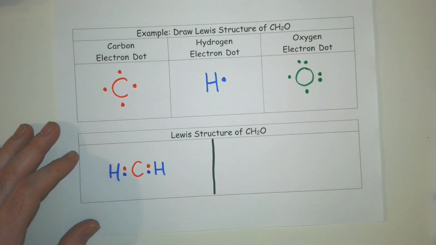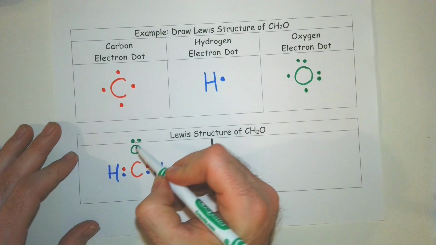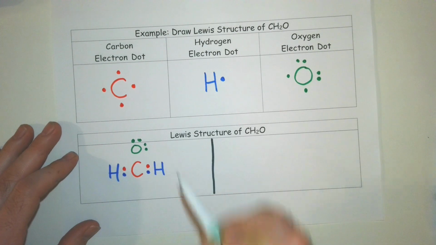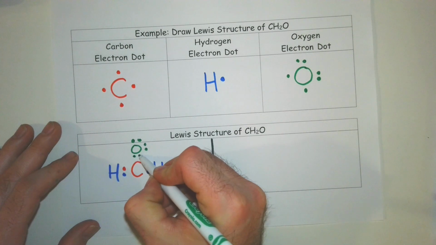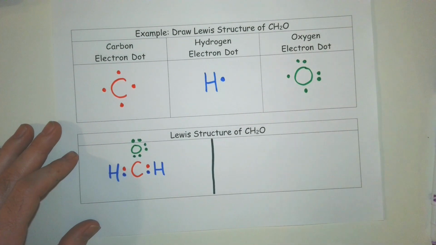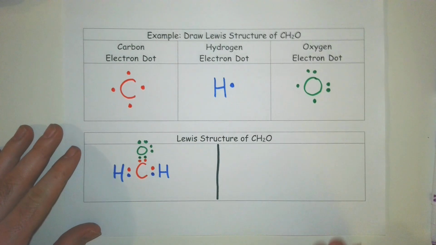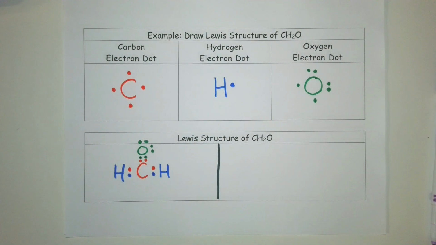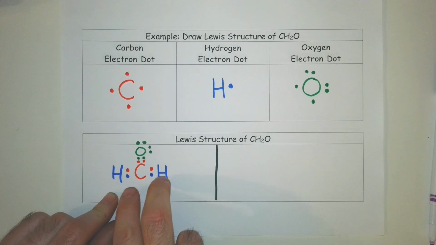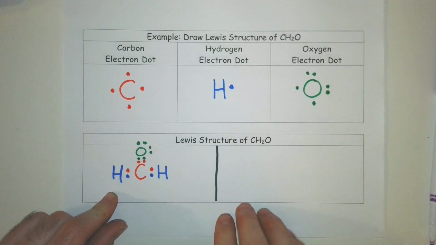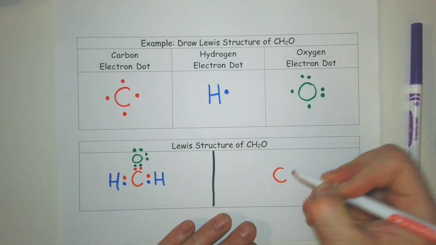Well, for oxygen, oxygen is going to have 2 unpaired electrons that need to bond. It's going to bond with our carbon. These double bonds get a little messy when you do the electron dot notation, but it's going to look something like that. So now we can take this information and apply it to a Lewis structure, because remember, this is the electron dot structure.